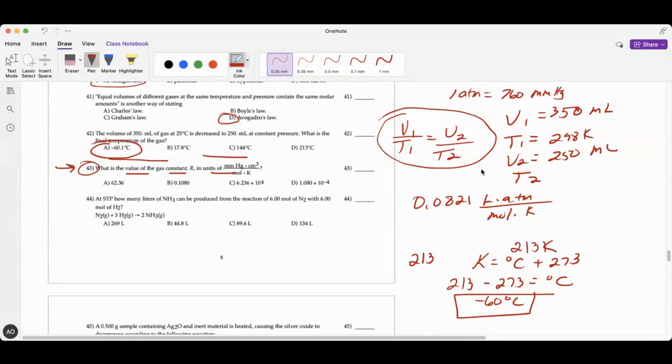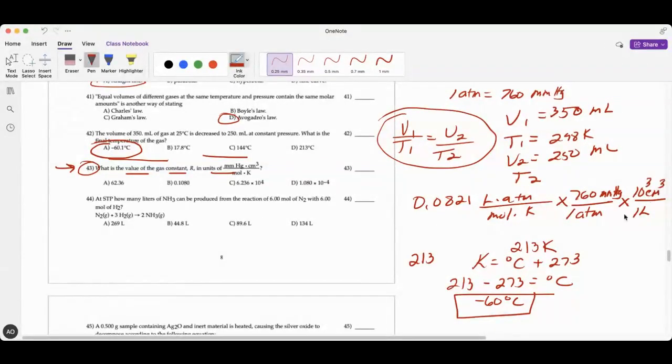So here we have our units. 1 atmosphere is 760 millimeters of mercury, and 1 liter is 1,000 cubic centimeters.